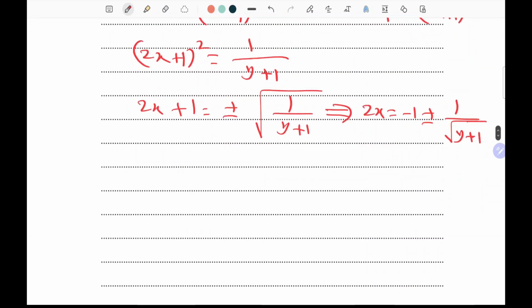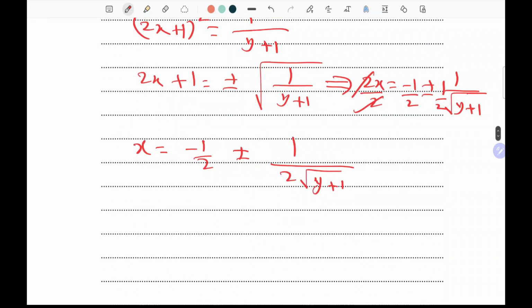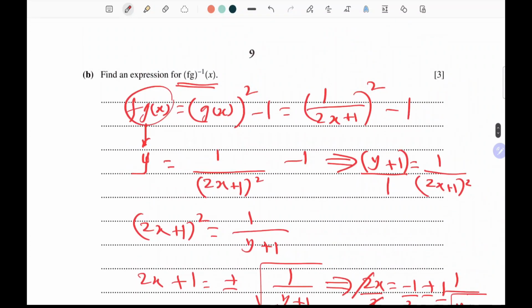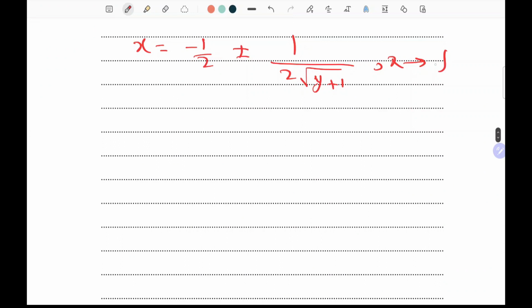Okay, now we can divide by 2 as well. Divide by 2, divide by 2, and again divide by 2. 2 and 2 cancel. So x equals minus half plus minus 1 over 2 root y plus 1. And we know that this function is f of g, so fg inverse x, and y as x.